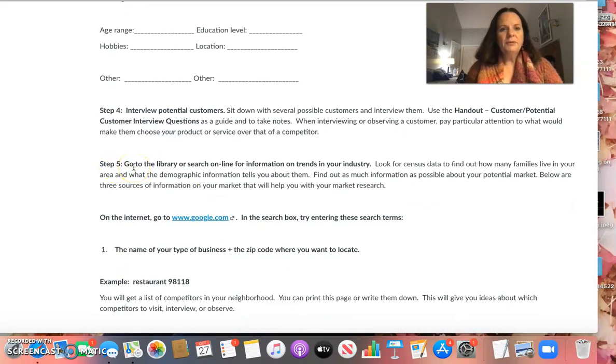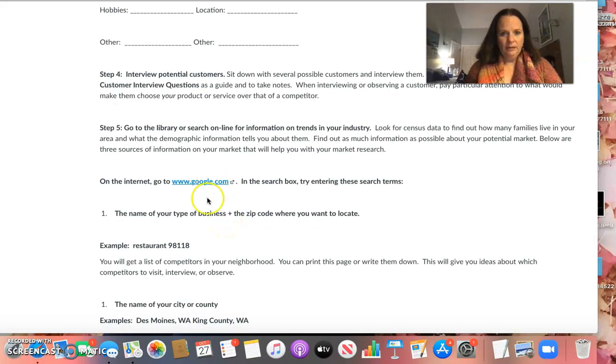Then step 5 would be to probably not go to the library, but Google your type of business to find out who your competitors are. This is market research that you do by going to different sites and finding out information.